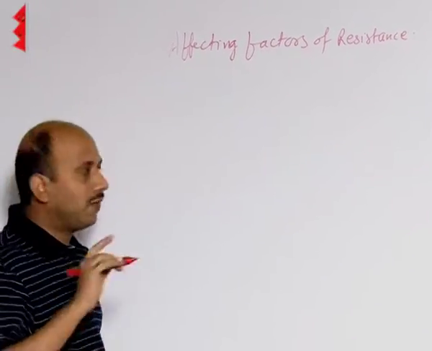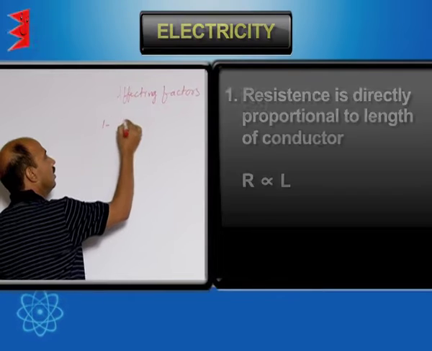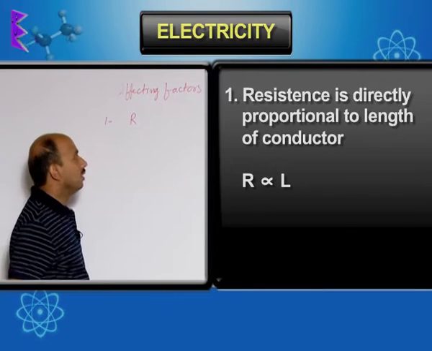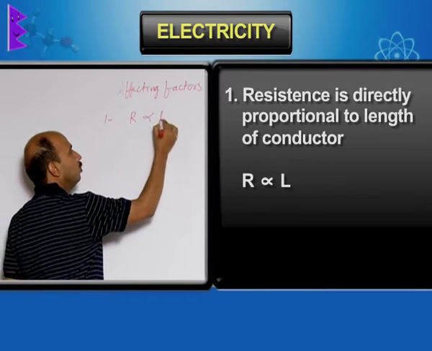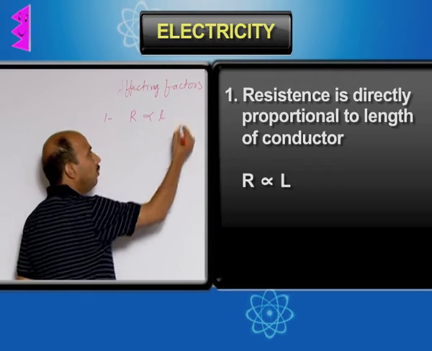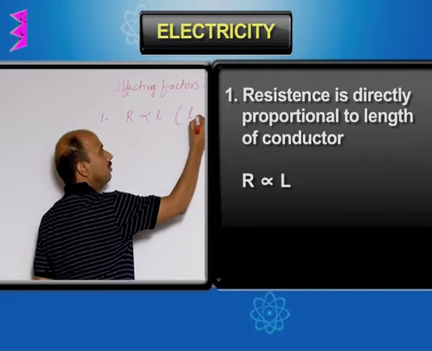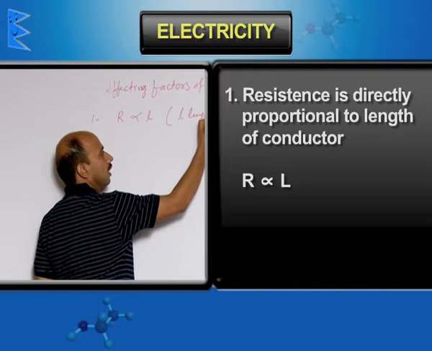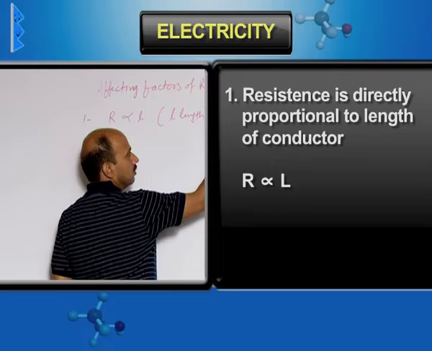First one is: resistance is directly proportional to the length of the conductor. L we have taken here, L is the length of the conductor.